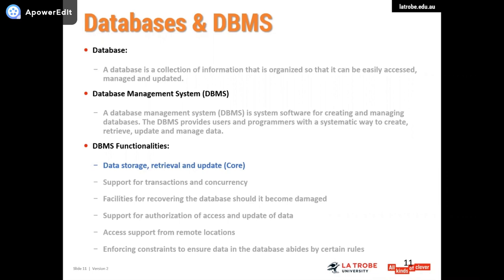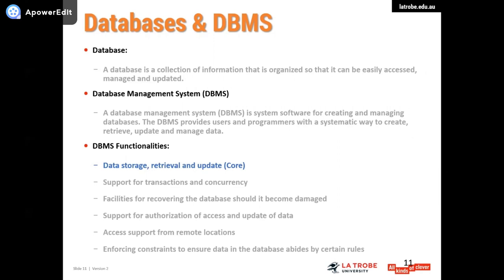Many databases store very sensitive, valuable data, and this data is usually stored on the hard drive. For some reason, the data on the hard drive may be damaged or lost. So how can we recover this damaged or corrupted data? That is another very important function of the database.